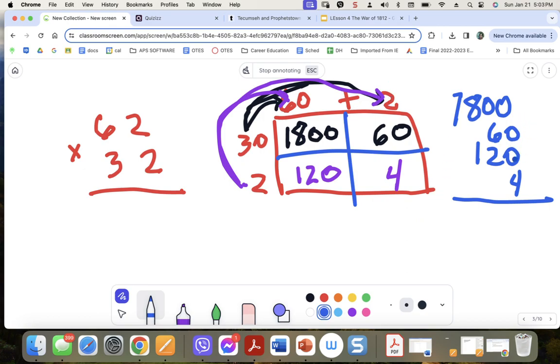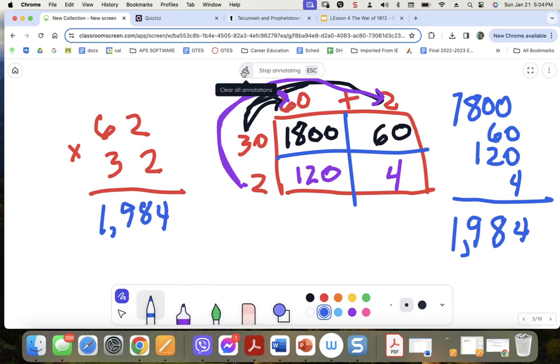So 0 plus 4 is 4, and then 6 plus 2, because that's 0 right here. So 6, 7, 8, and then 8 plus 1 is 9, and then we have 1. The answer is 1,984. So this is how it works if we are using a two-digit multiplier.